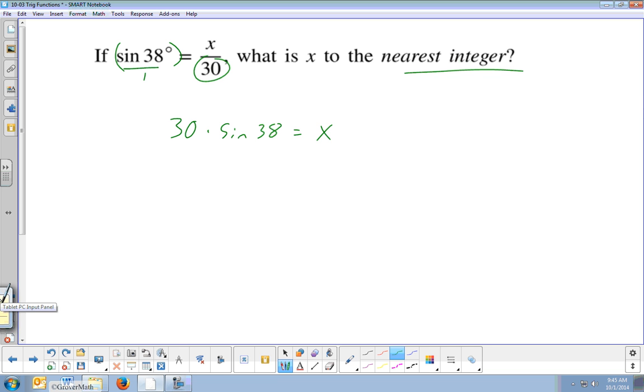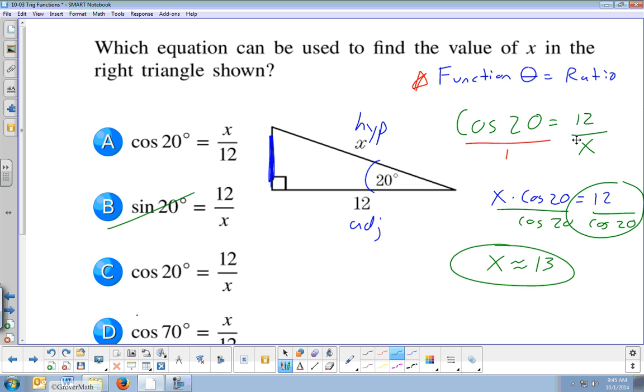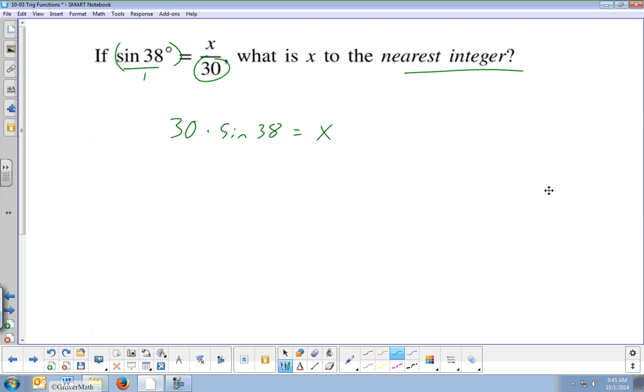When you're solving for sides and cross multiplying, sometimes when x is across from the 1, it's just multiply these and you're done. When x is not across from the 1, like in this case, then you have that extra step of division. So it could go a couple of ways. So again, I'm going to type this into my calculator on the side. 30 times sine 38 equals 18.469, so on, so on.